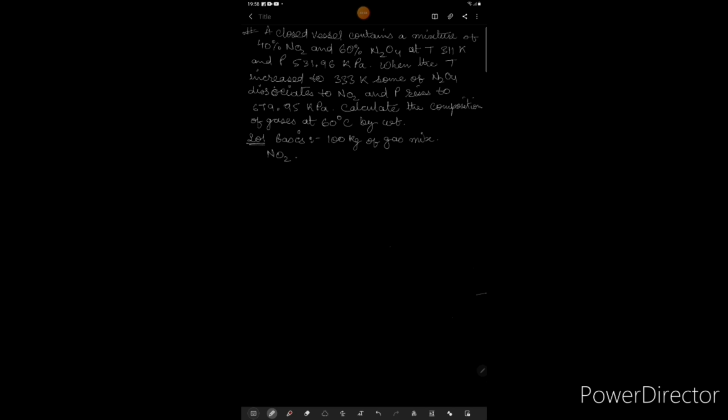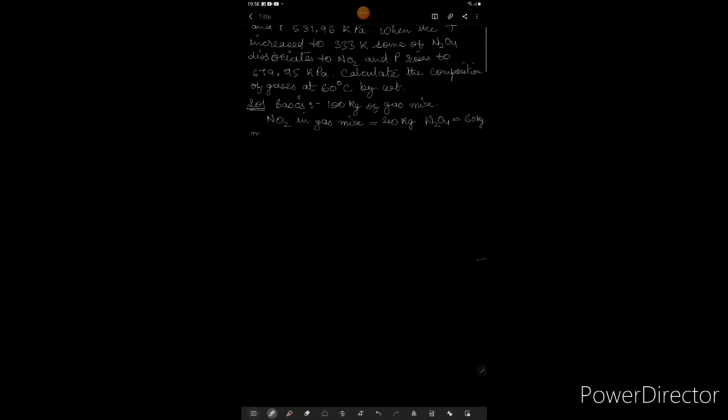NO2 in gas mixture equal to 40 kg and N2O4 is equal to 60 kg.